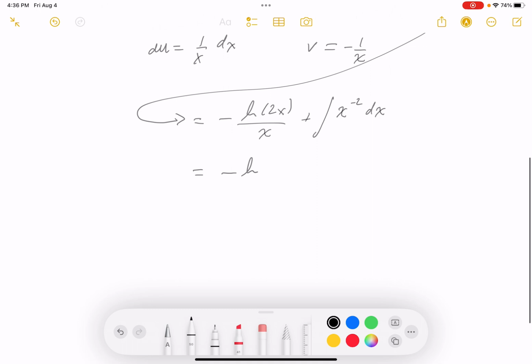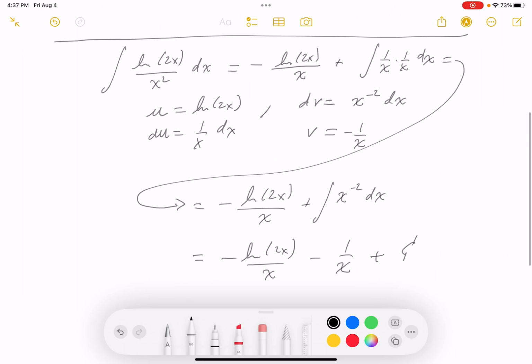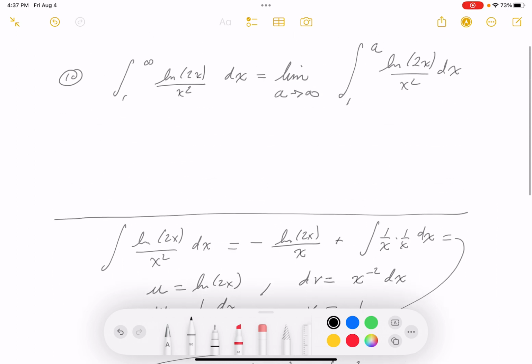Minus the natural log of 2x over x. Increase the exponent by 1, so it's going to be x to the minus 1. Divide by minus 1, you get plus, I'm sorry, not plus, but minus 1 over x. All right, so, oh, by the way, plus a constant of integration. I'm not too worried about that. So, I got that, and I wondered, does it help me at all? I don't know. We'll go back up here, and I'll write this down.